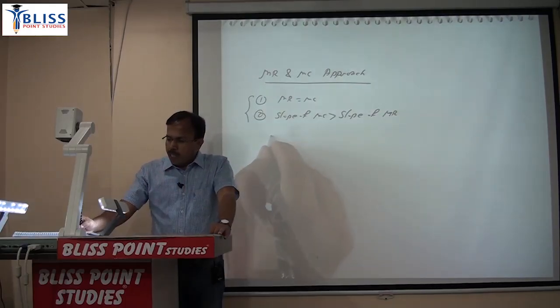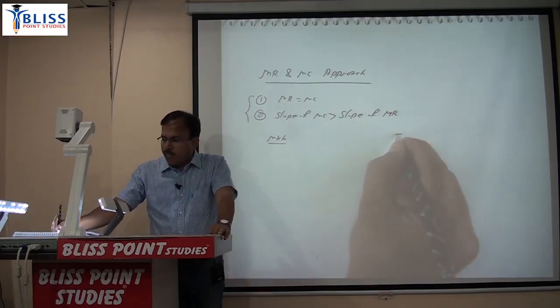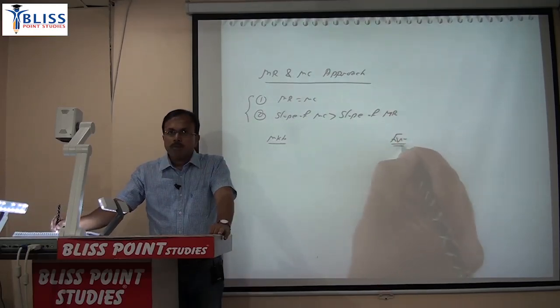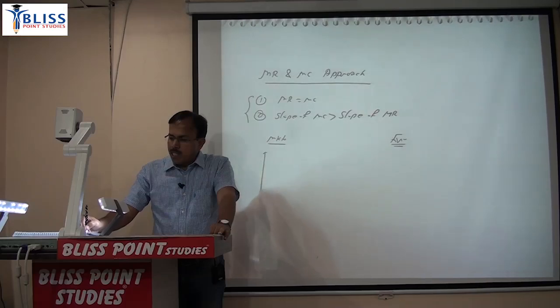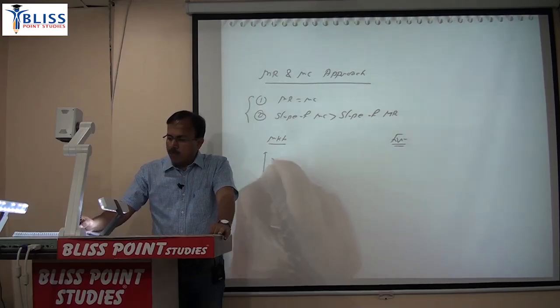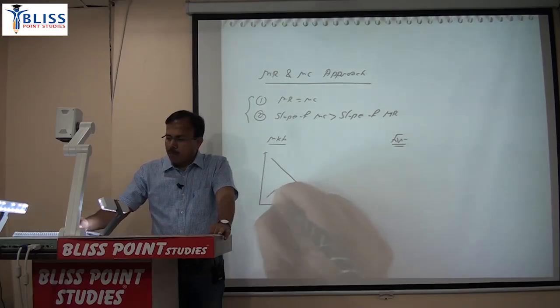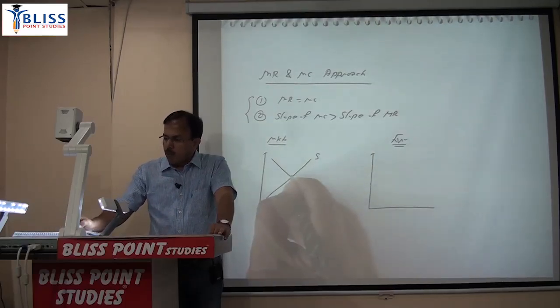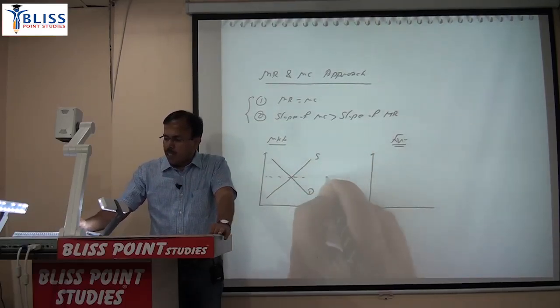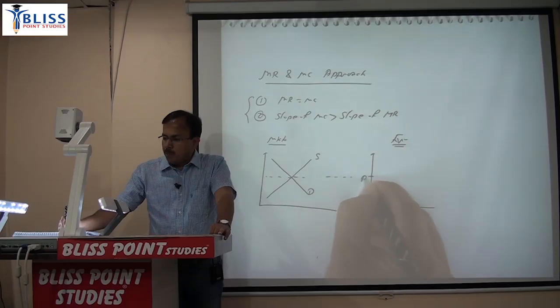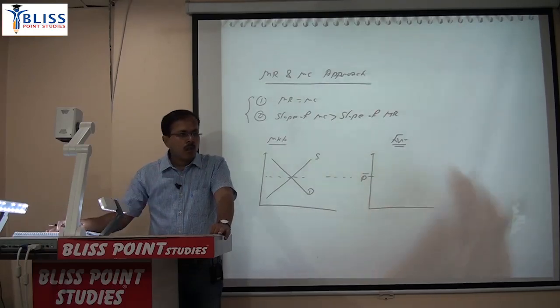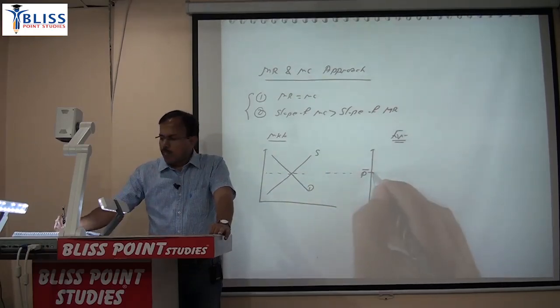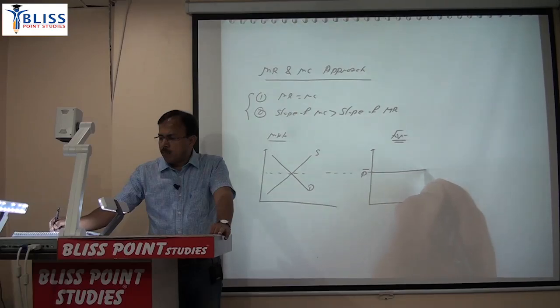Now when you apply that concept, we will draw a diagram, one for the market and the other for the firm. Prices are determined in the market by market demand and supply. But whatever price is determined in the market, that price remains the same for all firms. So a firm can sell more quantity at the same price.